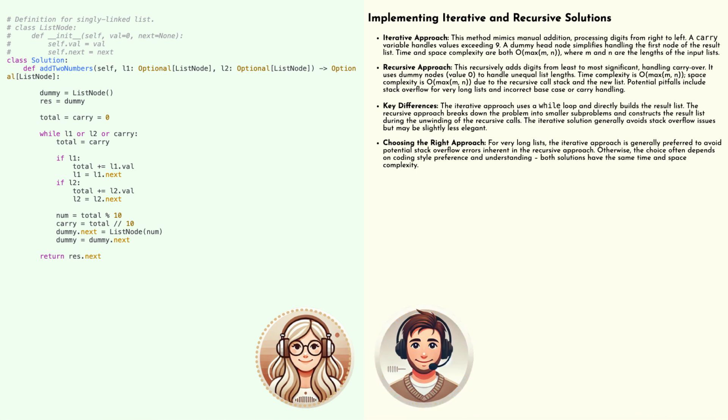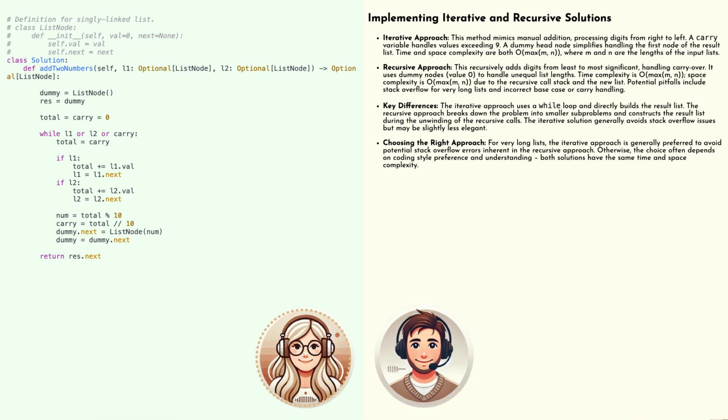I'm starting to see how this all fits together. But what about the very first call to addLists recursively? What does that return? That initial call, that's the one that gives us the head of our result list. The recursion unwinds, each call returning a piece of the list until finally, that first call gives us the starting point, the head of the entire linked list representing the sum.